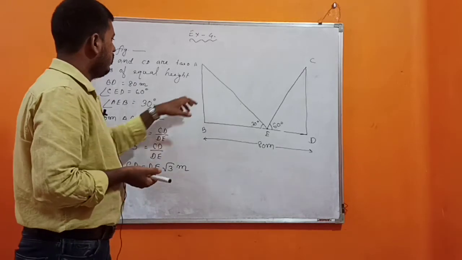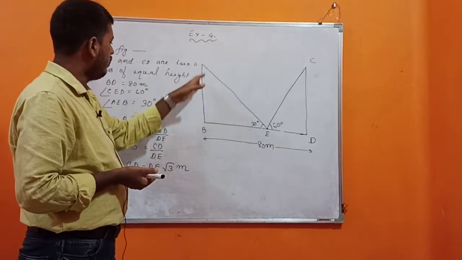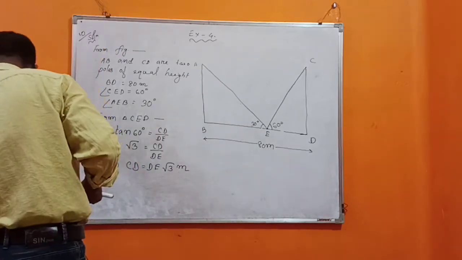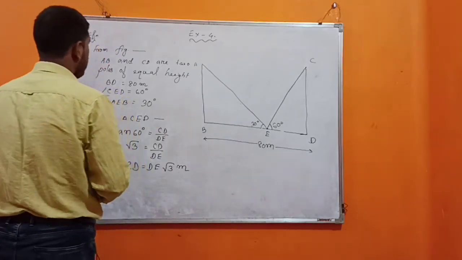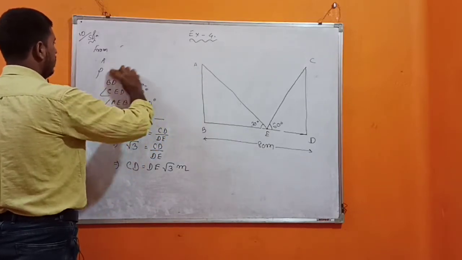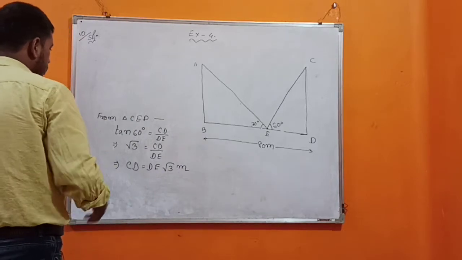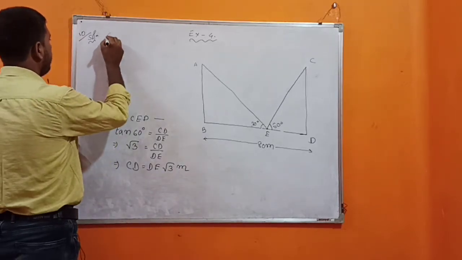Considering the second triangle, that is triangle AEB, we will try to find the value of AB. Now I am erasing this portion. Hope that you have written down all these things.